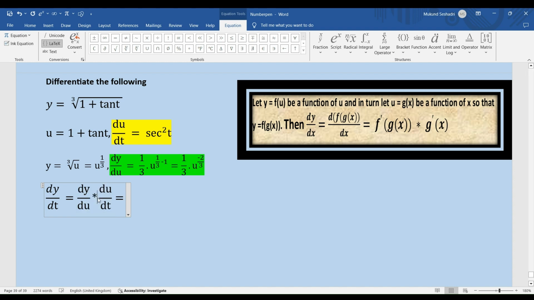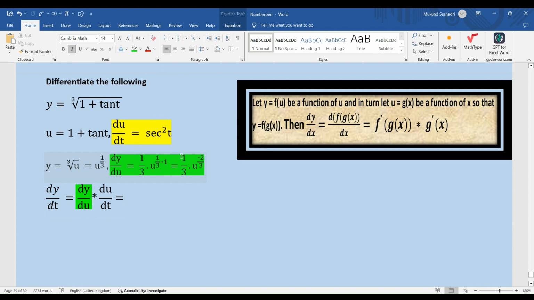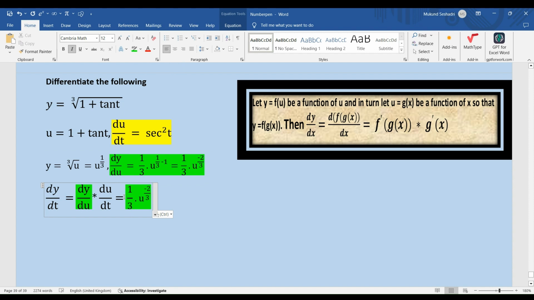Dy by du is the green expression, 1 by 3 times u to the power minus 2 by 3. And my du by dt is my yellow expression, which I call out from the previous step, secant square t. But now I have my expression in terms of u and t, and I know that my independent variable is t. I will have to represent everything in the form of t.